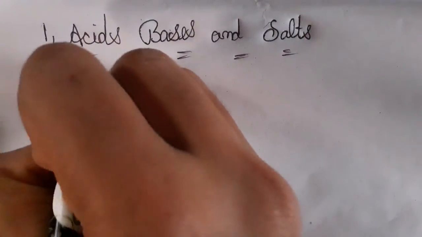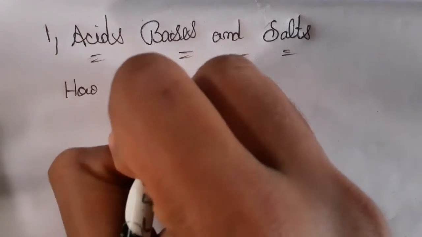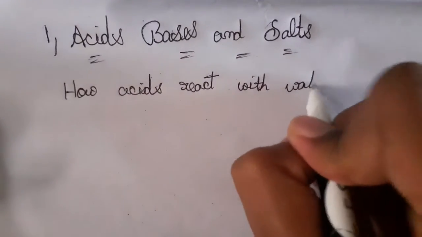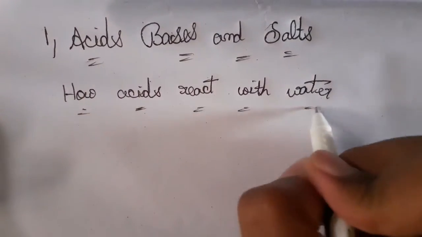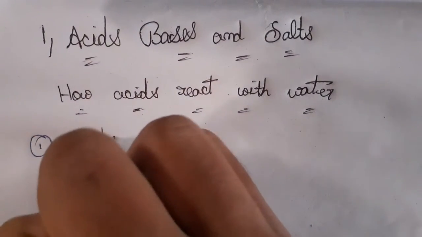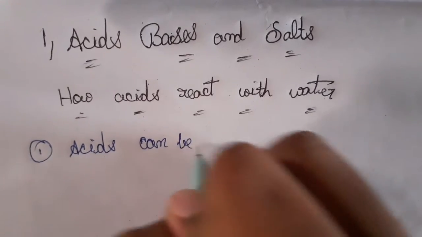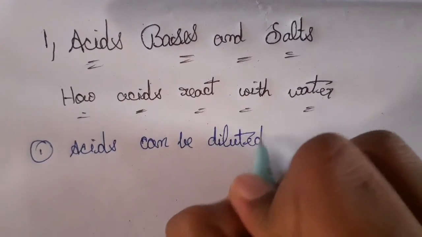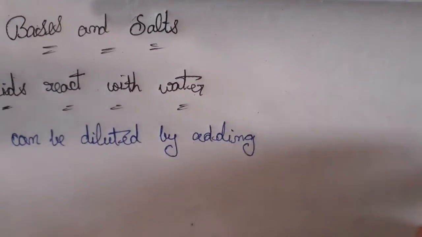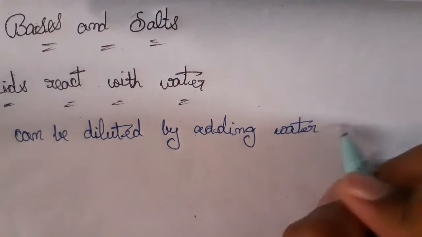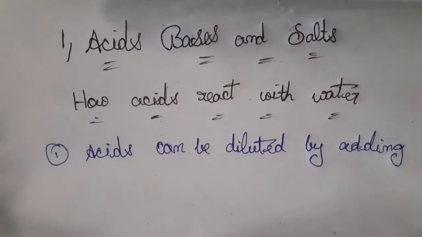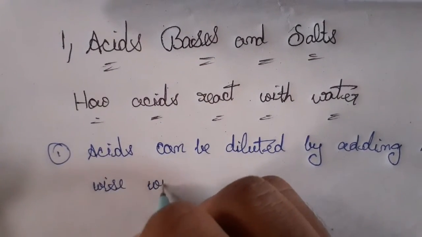How acids react with water. Acids can be diluted by adding water dropwise with constant stirring.